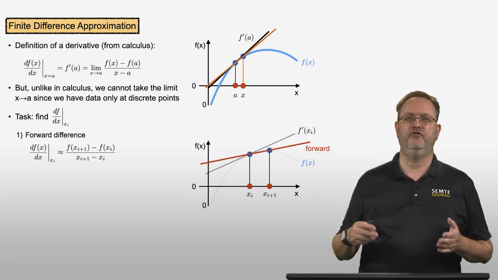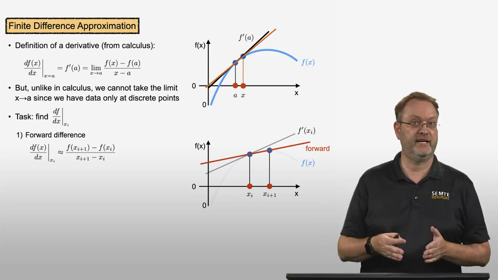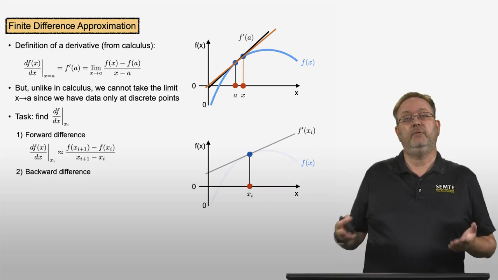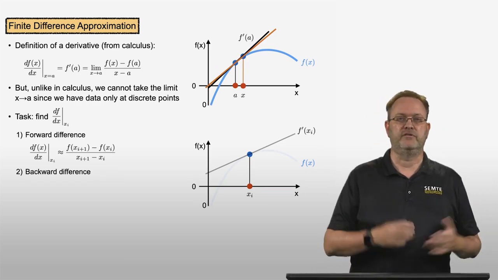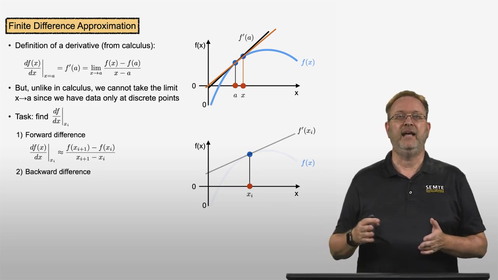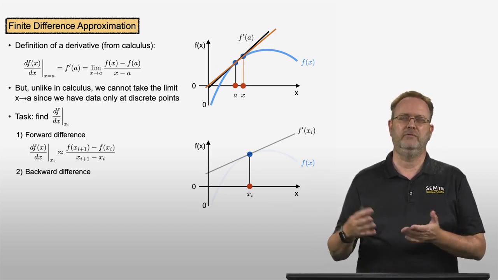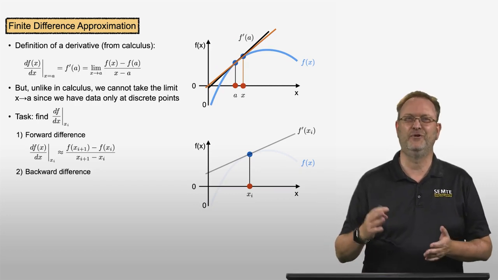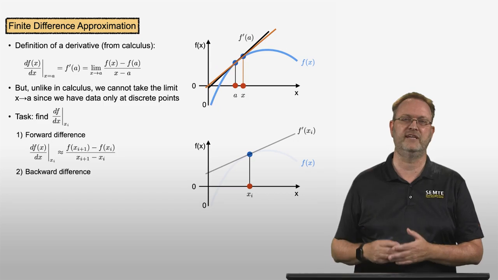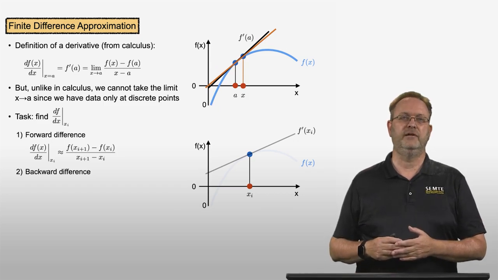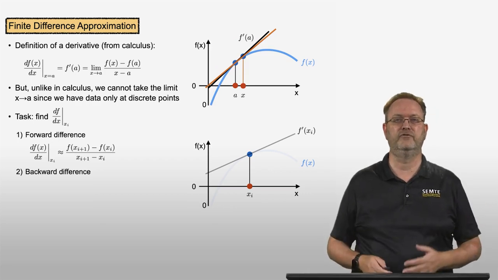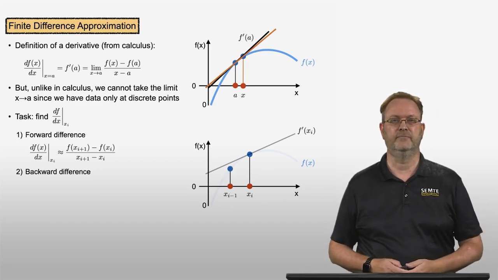And we call this forward difference because from the grid point xi we go forward to larger x values. But equally valid would be to go backwards. If I'm interested in the slope at xi, I don't only have the option of going to the plus side and taking the limit of coming from the plus side towards xi. I also would have the option from calculus of coming from the left side, so from the negative x direction.